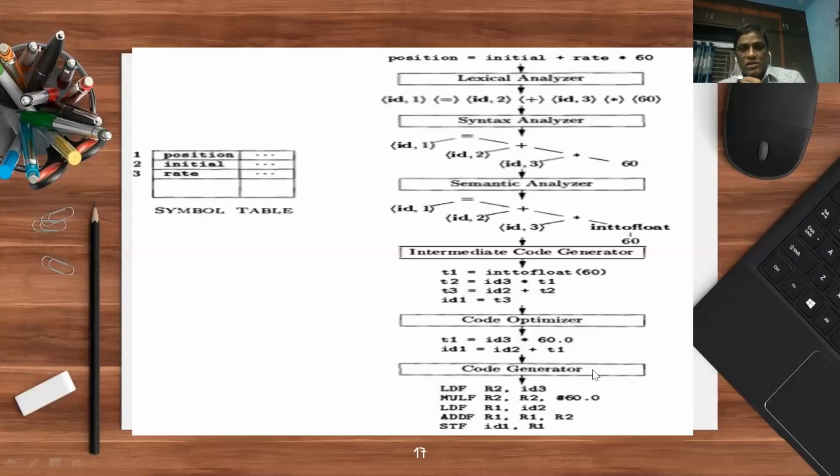And other instructions will also be written over here during the conversion. These are all assembly language statements which will be written to perform these operations.